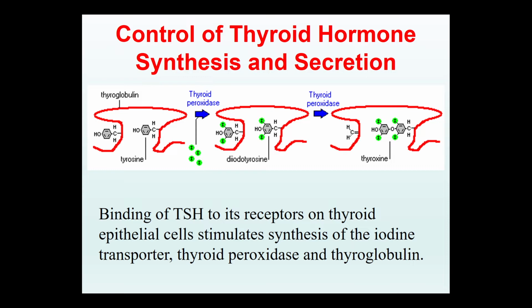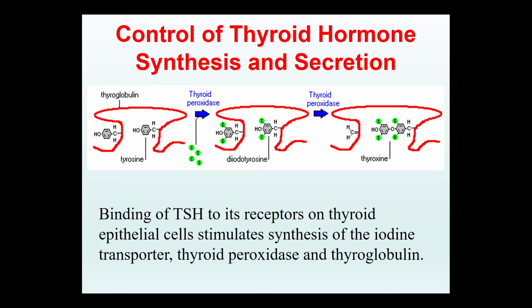TSH stimulates conjugation of iodinated tyrosine residues. This results in the formation of thyroxine T4 and triiodothyronine T3, which remain attached to the thyroglobulin protein. After that, it stimulates the proteolysis of iodinated thyroglobulin with the formation of free T3 and T4.